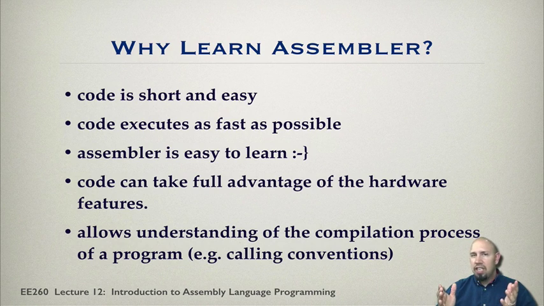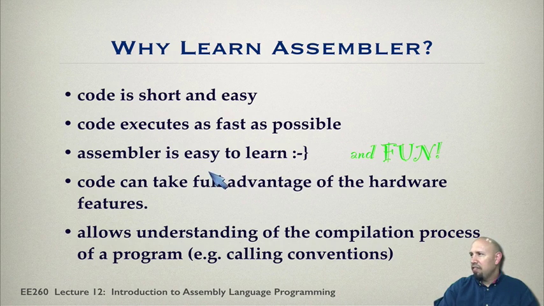So with C and with the Arduino IDE, there's no way you can see that kind of information. So you can get it as fast as possible on that processor. So not as fast as possible with any processor, but at least with that processor, you can get it as fast as possible. Also, assembler is easy to learn and fun.